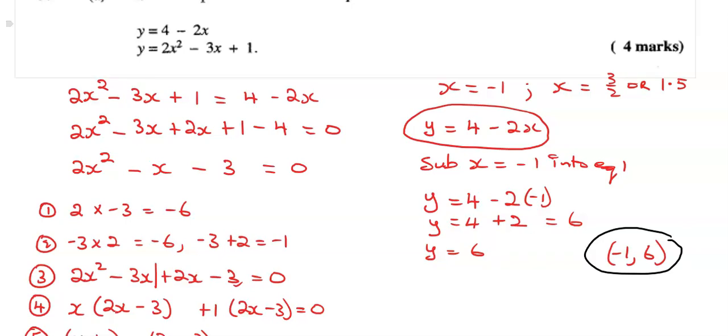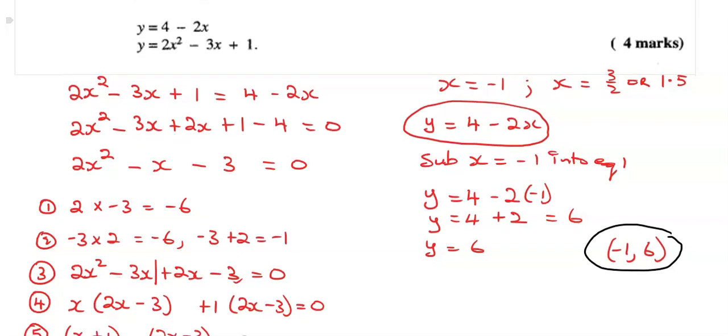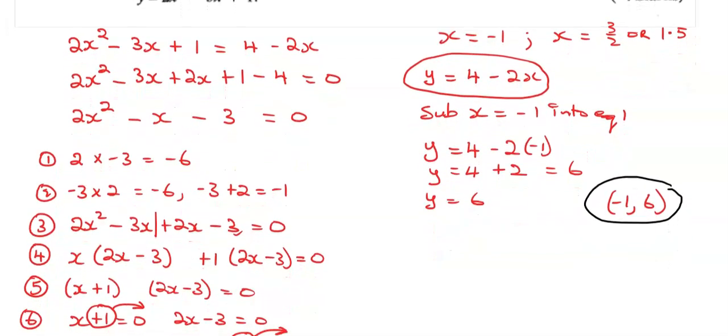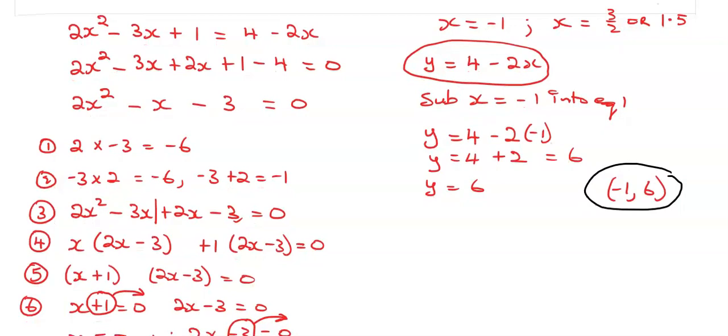Of course, we're not finished, because we have another x value that we need to substitute. So let's go ahead and do that. We're going to substitute x equals 3 over 2 into the same equation 1, which is y equals 4 minus 2x. Wherever we see x, we're going to replace it with 3 over 2.